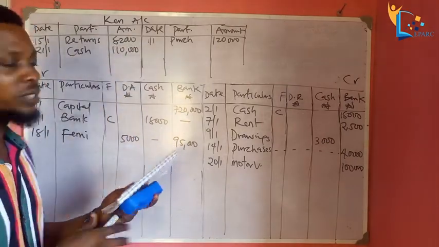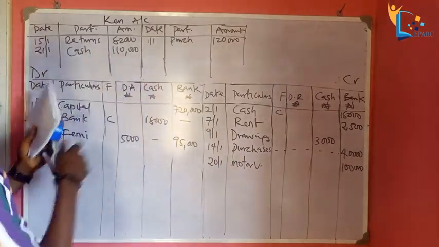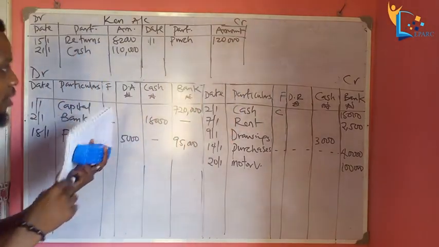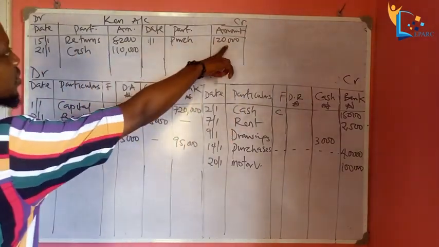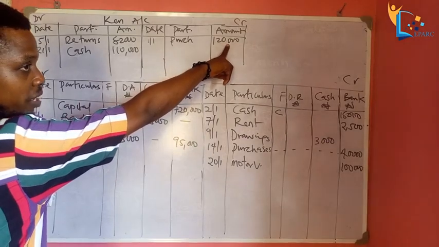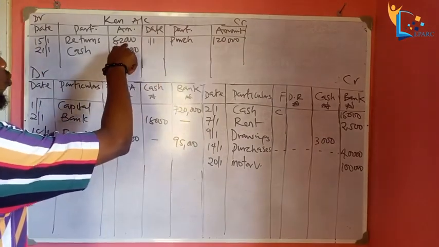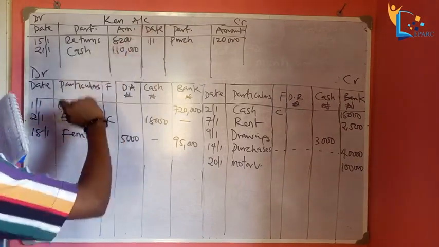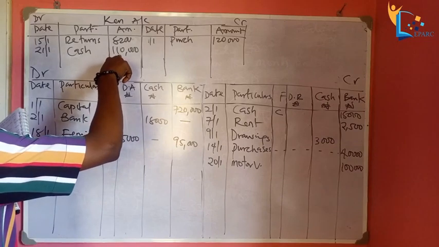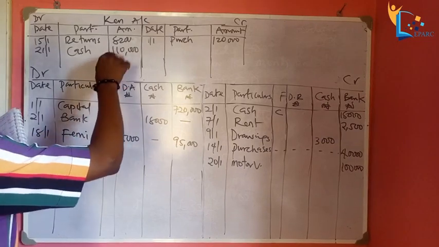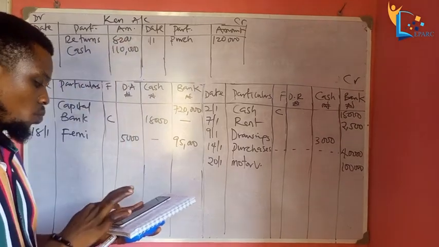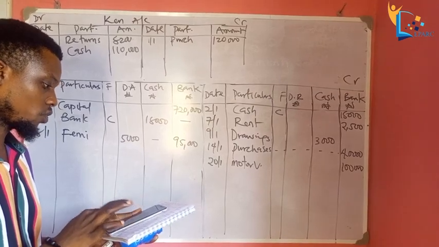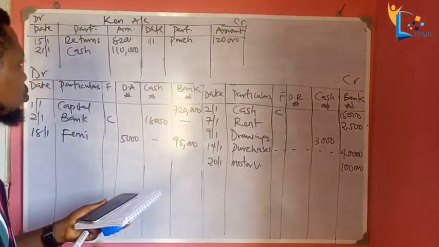Okay, now there's something I want you to note here. Don't forget, this is the debit side and this is the credit side. So this is the total credit purchase we made from Ken. We returned goods worth 8,200, not 82,000, sorry, 8,200. We now paid him 110,000. So this plus this, 110,000 plus 8,200 will give us 118,200.